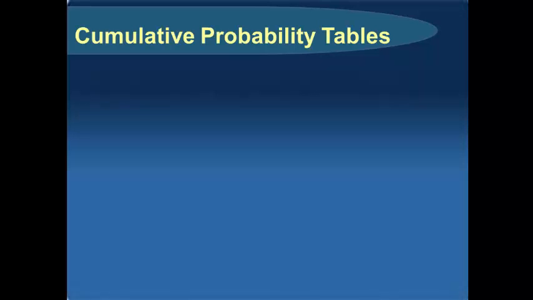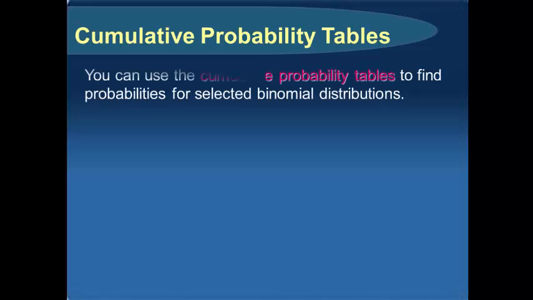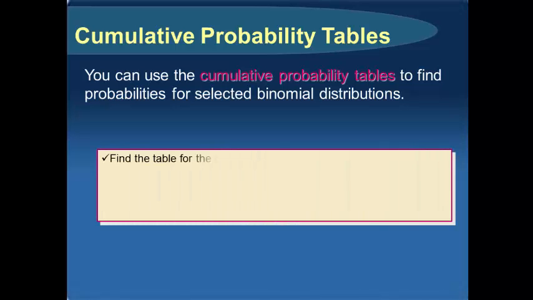We also have what we call cumulative probability tables. You can use the cumulative probability tables to find probabilities for selected binomial distributions. First, we have to find the table for the correct value of n.